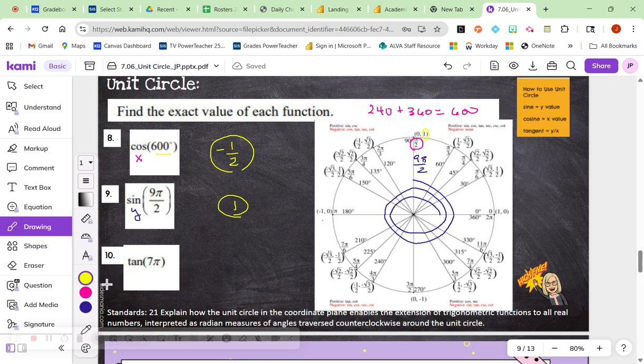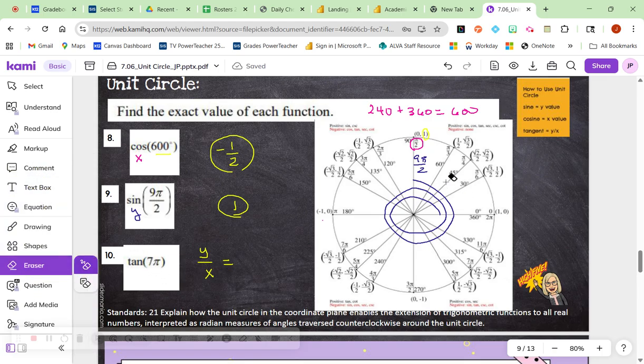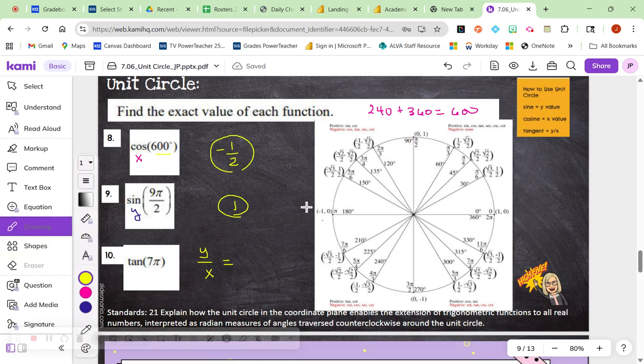Finally, we get a tangent. So tangent, we're going to have to divide y over x. The y value divided by the x value, and we do have to find 7 pi. So my brain says, well, to get to 7 pi, we could go around once. And if we go all the way around once, that's 2 pi.